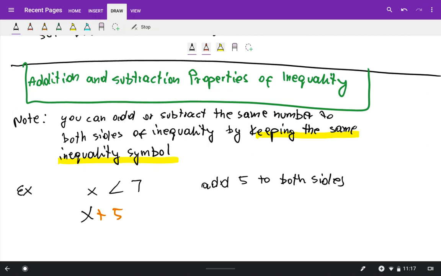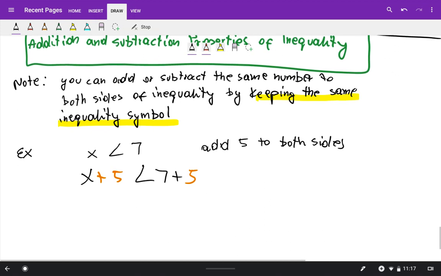And like you guys see, I keep the same inequality symbol. 7 plus 5. Okay, so that will be x plus 5 is less than 12. So this inequality is equivalent to the first inequality.